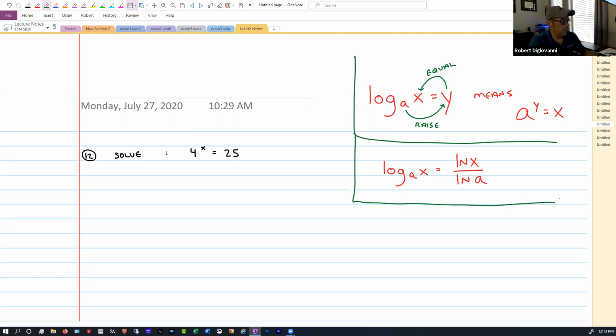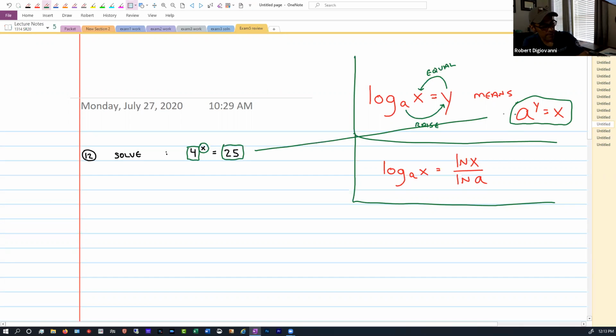So, looking at this first equation, we're trying to solve for x. We have something raised to the x equals 25. You can see that over here, it looks a lot like this right here. We have something raised to the y equals x. What I said to do was rewrite this using a log.